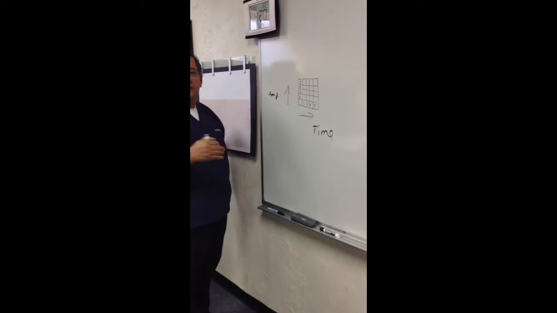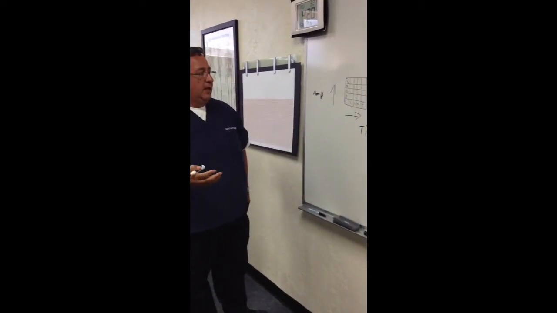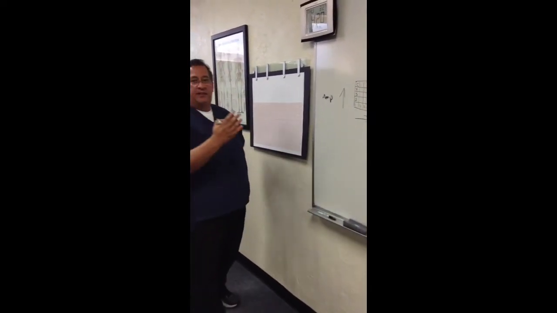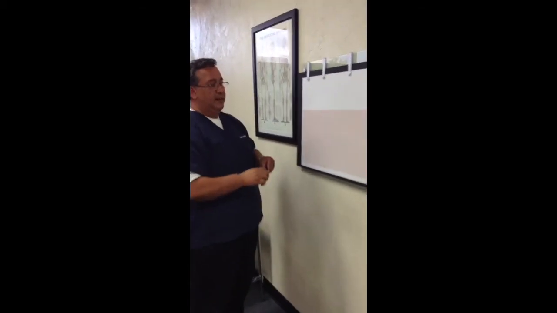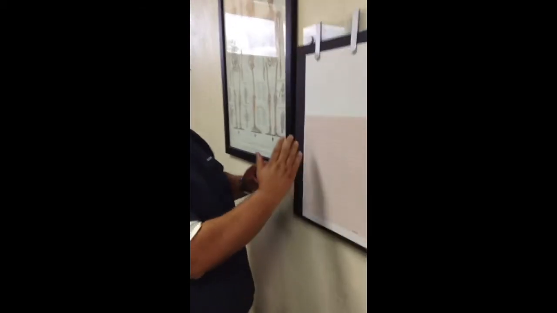In other words, electricity. So coming back to this grid, all of the boxes in this direction represent time, and anything going up or down represents amplitude. If you can just remember that, it's just real simple, and it'll probably make more sense as we go along.